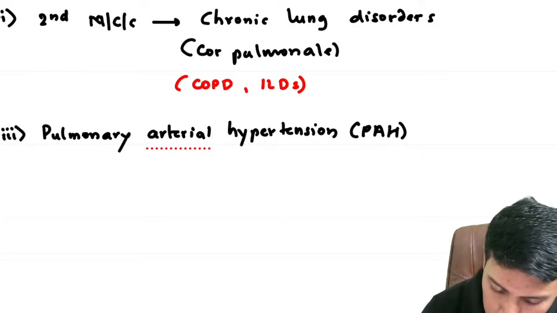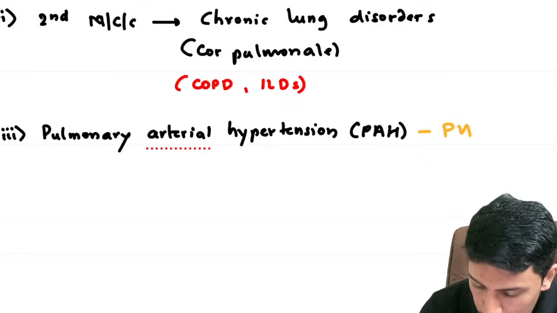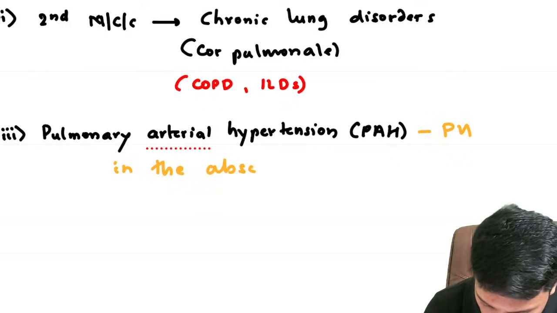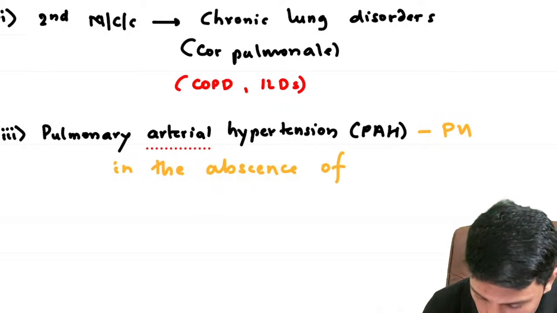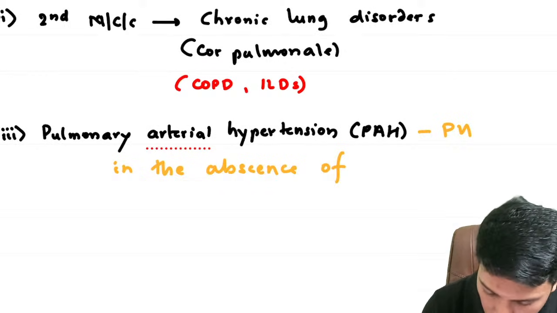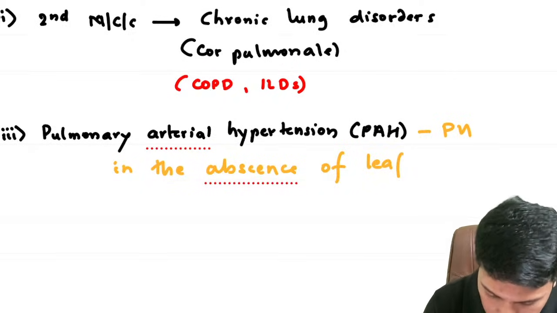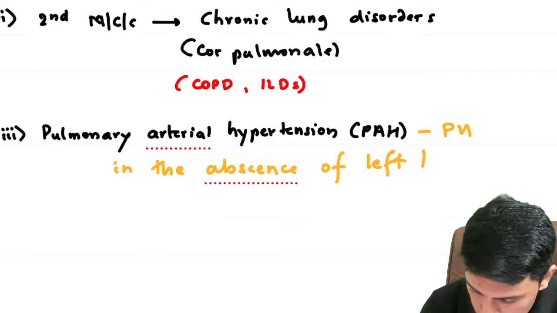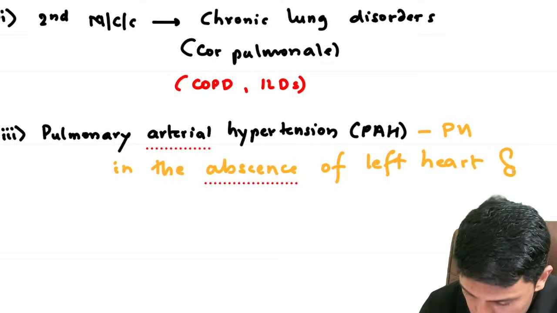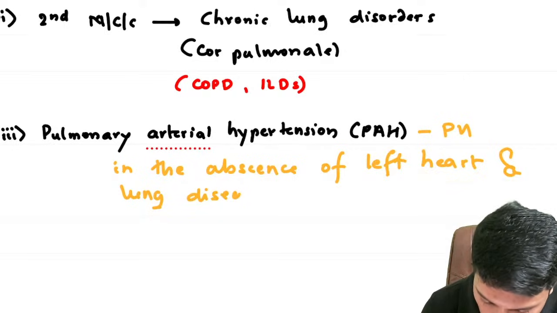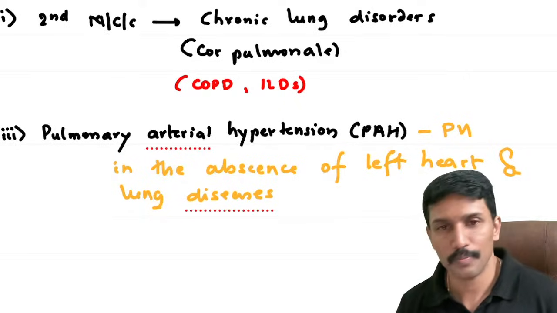So pulmonary arterial hypertension refers to pulmonary hypertension in the absence of left heart and lung diseases. So you don't have COPD, you don't have mitral stenosis or any of those problems, but you still have pulmonary arterial hypertension.